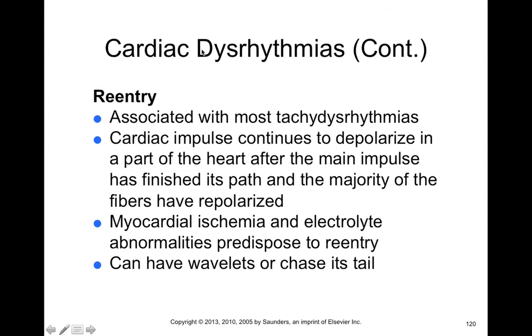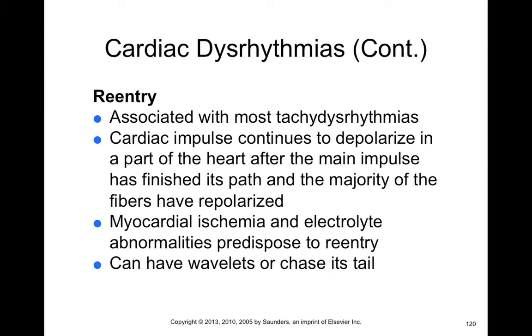Now, the first type of dysrhythmia we'll talk about is reentry, and reentry is associated with tachydysrhythmias, and these cardiac impulses continue to depolarize in a part of the heart after the main impulse has finished its normal path. So it's almost as though an echo of the original electrical impulse is coming back and causing a new electrical impulse to start.